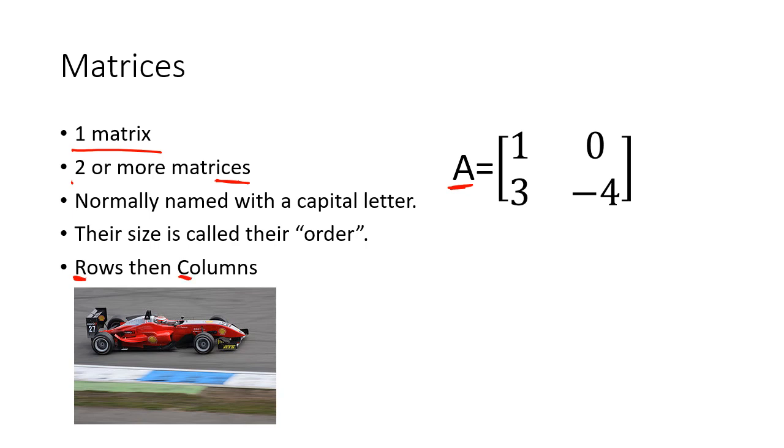So if people remember the word race car, because it also starts with an R and a C. So rows go across, so these are the rows, and then in a different color, the columns are the ones going down. So you can see if we count these, let's do some highlighting.